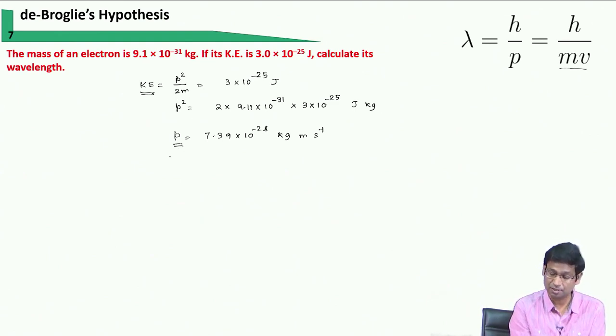Now, I got the momentum, but what I need now is the de Broglie wavelength, which is given by h by p, and h is 6.626 into 10 to the power minus 34, divided by the momentum.